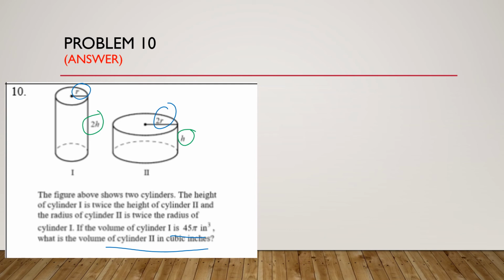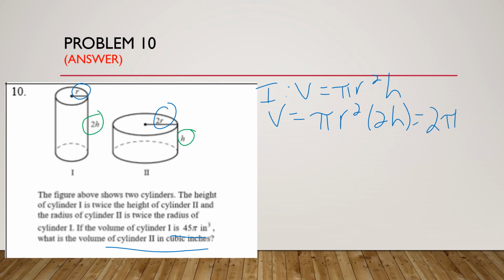We could start by taking cylinder 1. The volume is equal to pi r squared h. In this case, it would be pi r squared times 2h, or 2 pi r squared h.